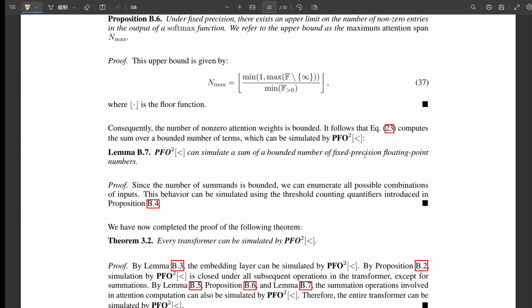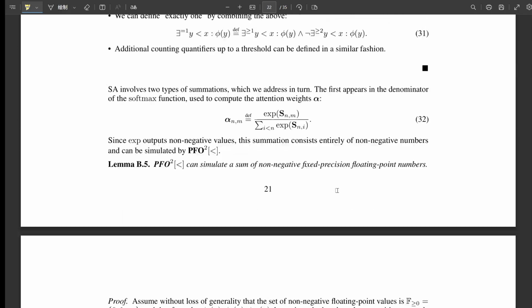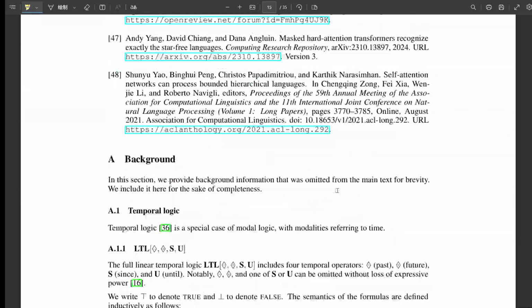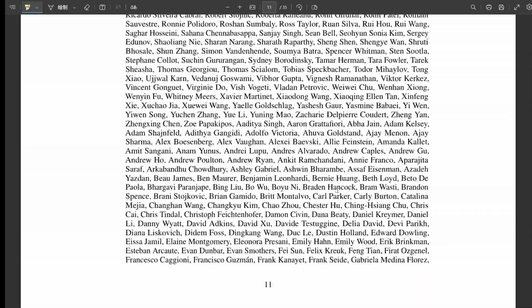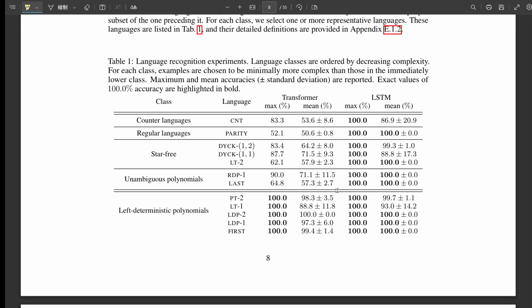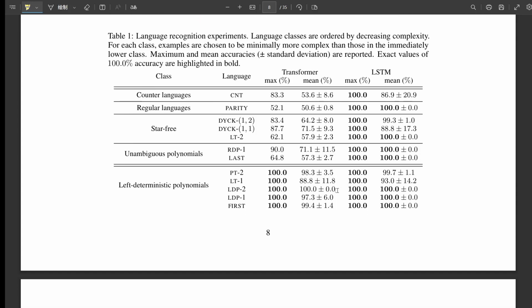If these standard transformers, as this rigorous paper argues, are fundamentally limited, computationally equivalent to a logic that really only looks backward, struggling with basic counting or nested structures, what does that truly imply about their ability to genuinely understand the full complexity of human language? Languages full of long-distance dependencies, nesting, subtle counting.